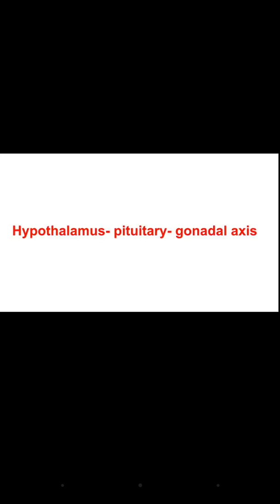Now we will learn about the hypothalamus, pituitary and gonadal axis. So this is the male gonadal axis. In this diagram you can see the hypothalamus. The hypothalamus secretes gonadotrophin releasing hormone.